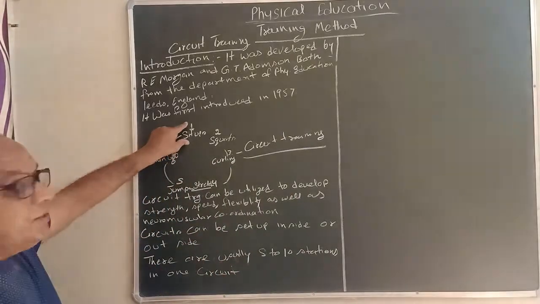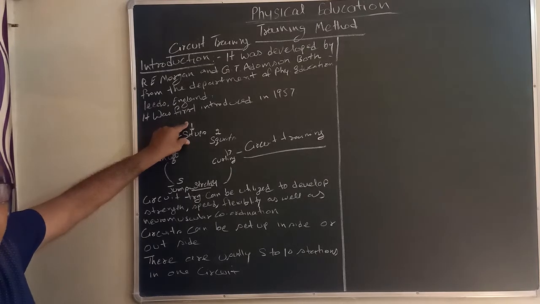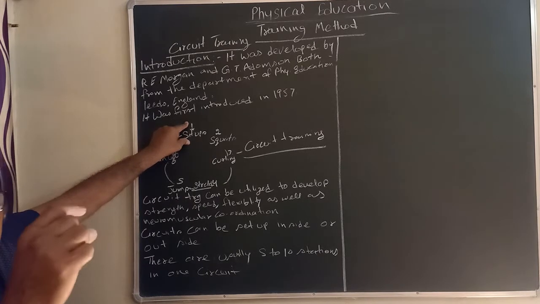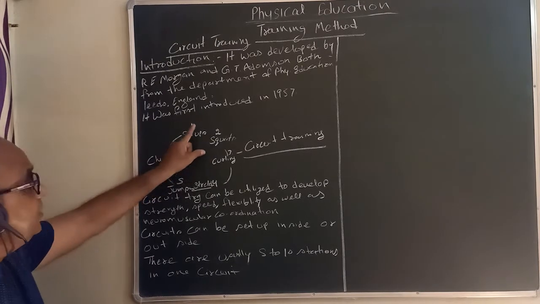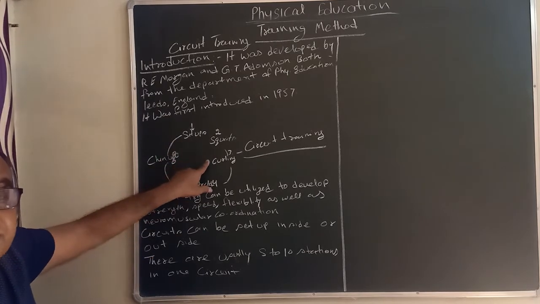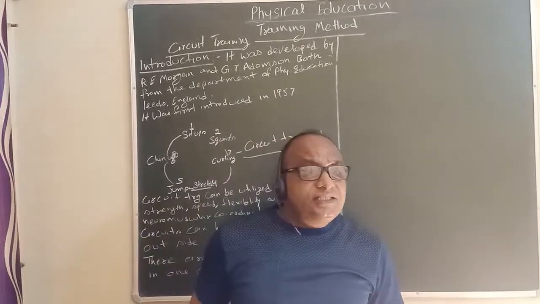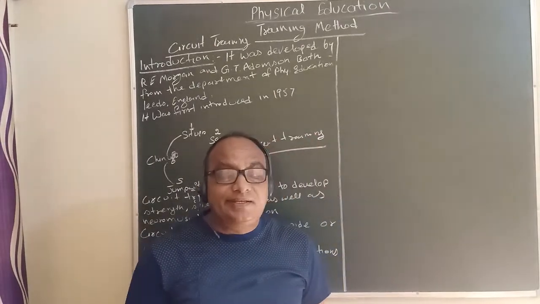Here you have to spend fixed time or fixed repetitions. After finishing this, you have to go to the next station. Like this, athletes complete the circle.